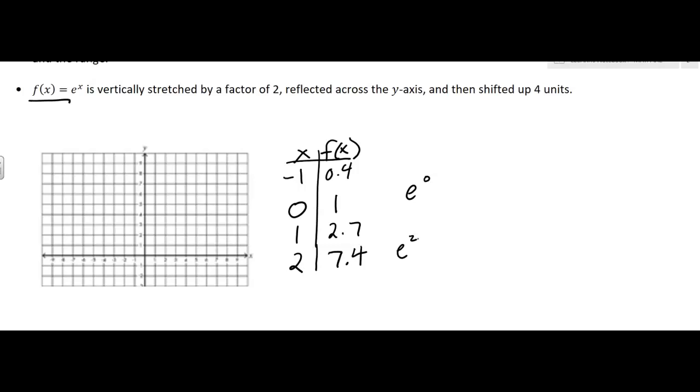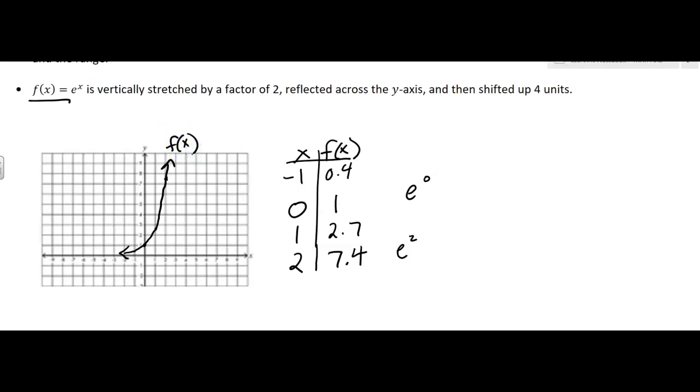Okay, if I graph this parent function, then it looks like this. 2.7, and then at 2, 7.4. It's not quite that high, but about there. So it's an exponential function like we're expecting, and it looks like that. Anyway, that would be f of x.